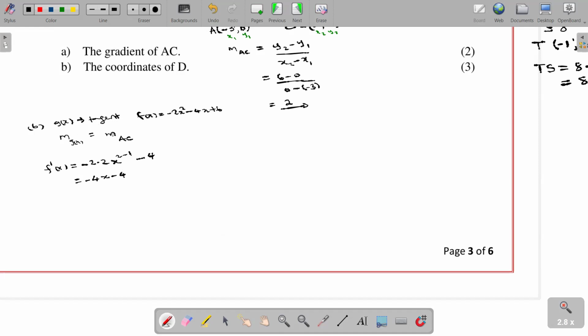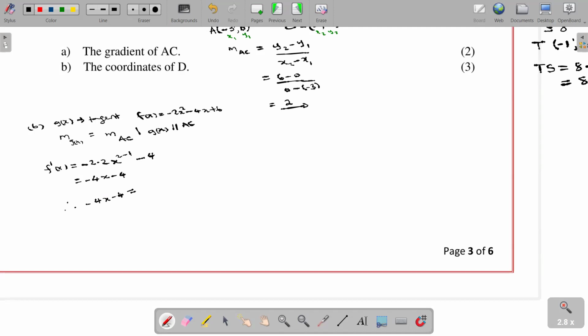But we know the gradient of Gx is equal to the gradient of AC. Why are we saying this? Because we are told that Gx is parallel to AC. So it therefore means we can now equate here minus 4x minus 4.